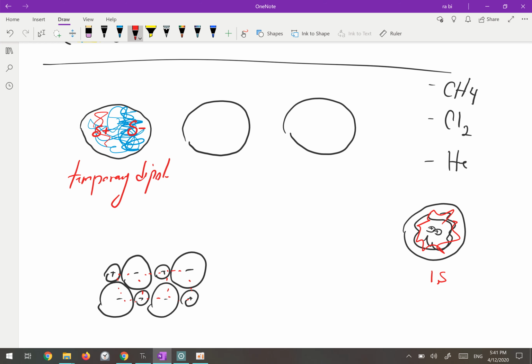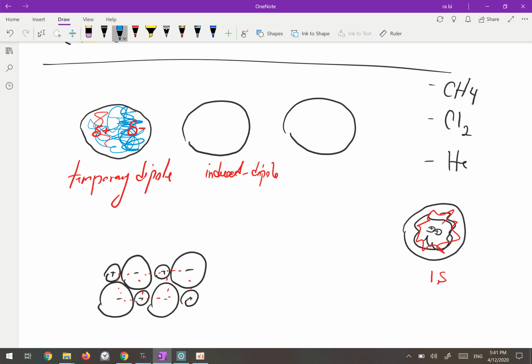Temporary dipole forms because the electrons are moving randomly and there is the chance that at an instant of time the number of electrons on one side of the molecule is greater than on the other side. So that side of the molecule becomes negative, the other side becomes positive. When this temporary dipole happens, this dipole induces a dipole on the adjacent molecule. So what happens to the neighboring molecule?